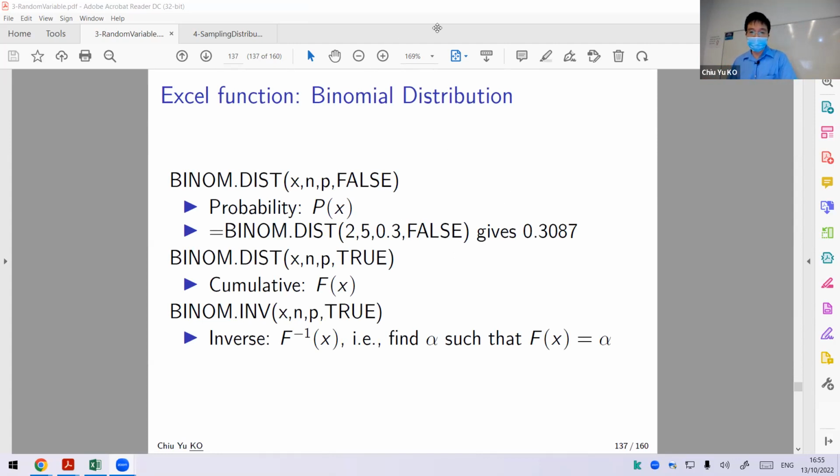Basically, what we need to know for binomial here is that the first one is the most important one. The second and the third are not really needed, because BINOM.DIST indeed gives you the P, the big P. So let us try to check out this one first.